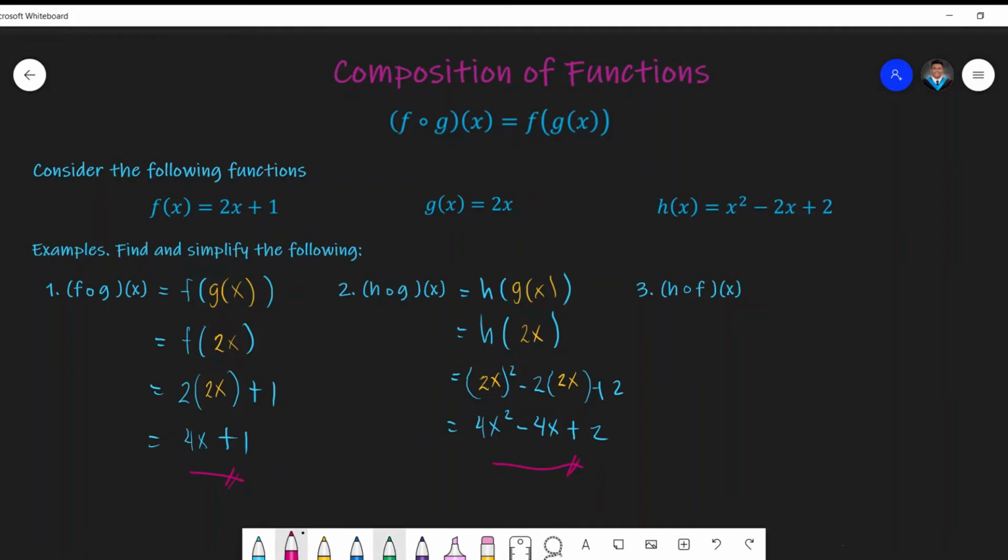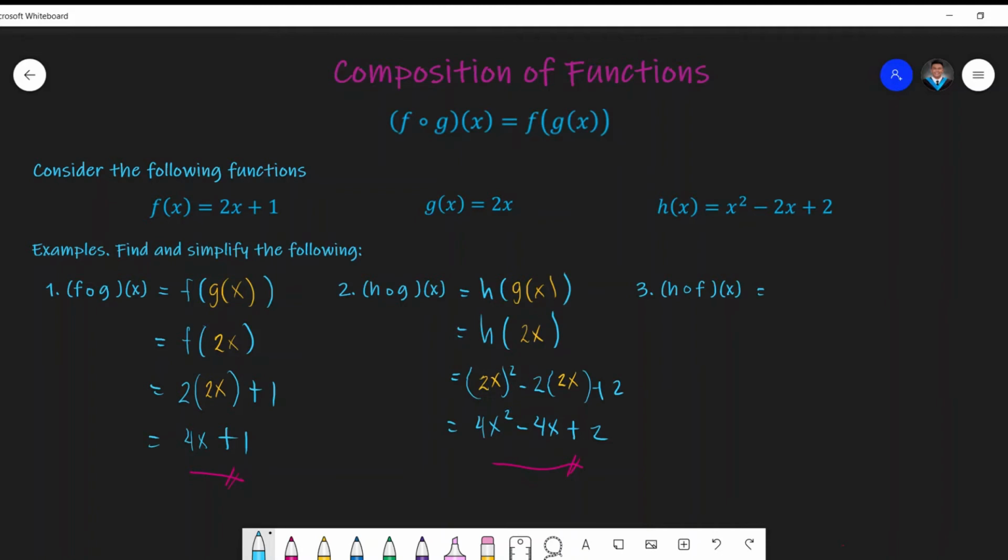Now let's proceed to our third and last example. So here we have h composed of f of x. So dito yung main function natin now is the h of x, and it is composed with the function f of x.